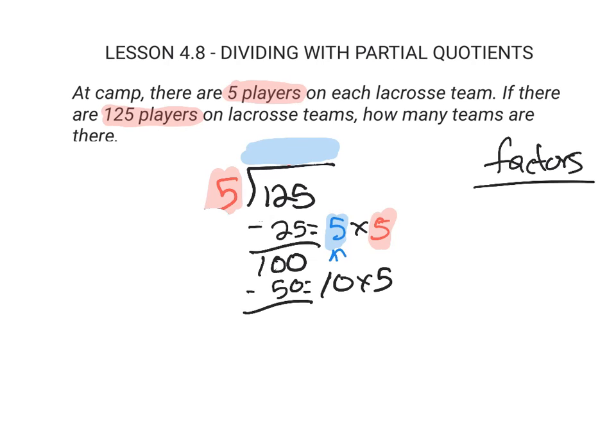Remember, these are my partial quotients and this is my divisor. 100 minus 50 is 50. Now we can do that over again. We need to get to 50. How do we get to 50? Well, 10 times 5, we just did it. So let's do it again. 10 times 5 equals 50.